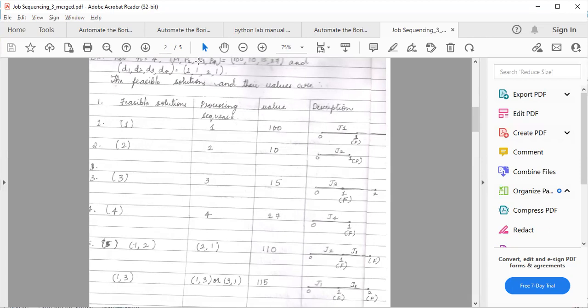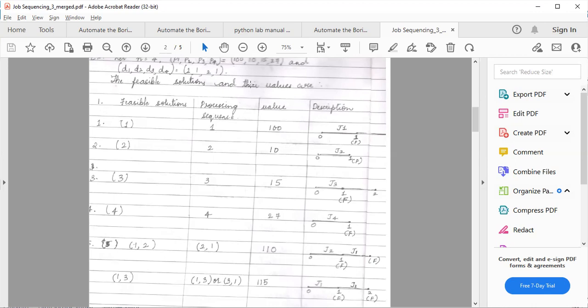Similarly, if job 3 is accomplished within a deadline of 2, then a profit of 15 is going to be earned. So on and so forth for 27 as well. That is job 4. If it is going to be completed within 1 unit of deadline, whatever may be the units, I'm just calling it a unit, then a profit of 27 is going to be earned.